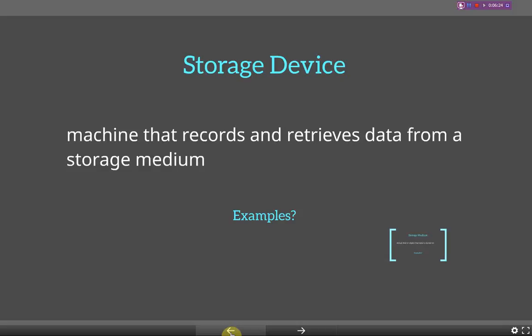What reads a jump drive or a thumb drive? What part of your computer reads that? You're right, the USB port. Your CD DVDs are read by your CD DVD players. So those are some examples of storage devices.